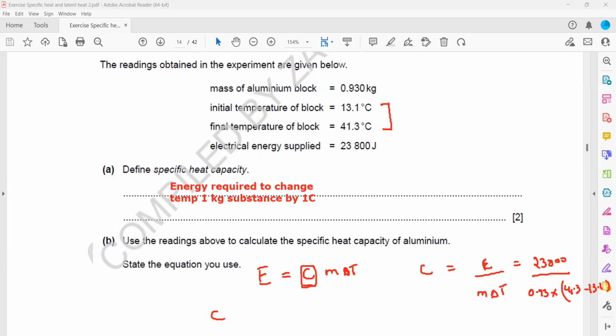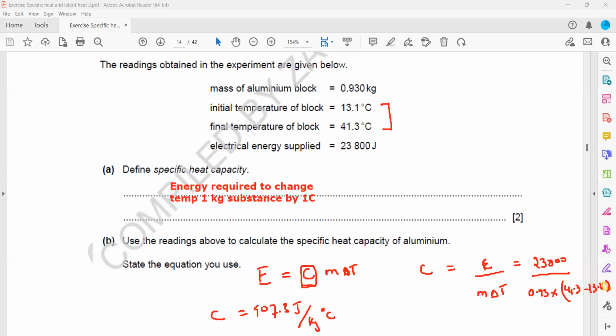So when you substitute these values, the answer will be 907 or 908, 907.5. So 907.5 joules. The unit is joule per kilogram degree Celsius, because the mass is in kilogram here and temperature we took in degree centigrade or Celsius.